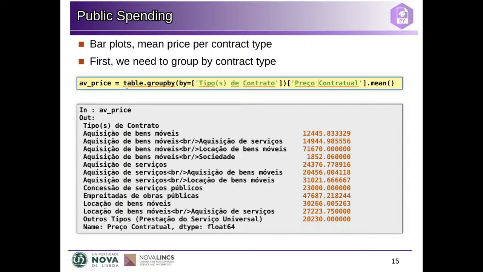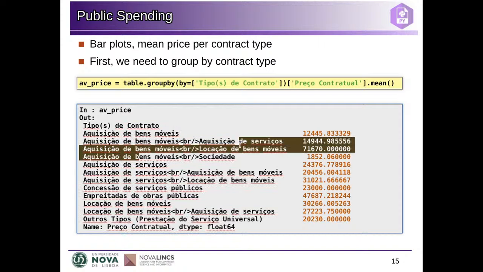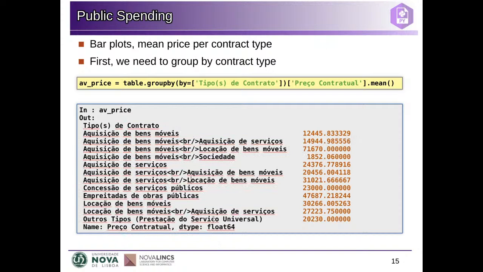And this is a new table that we get that has as index the first column, the contract types that we have here. So these are the different contract types, and the values are the means of the prices that we had. So we can easily aggregate data by grouping according to some columns and computing the kind of aggregates that we want.